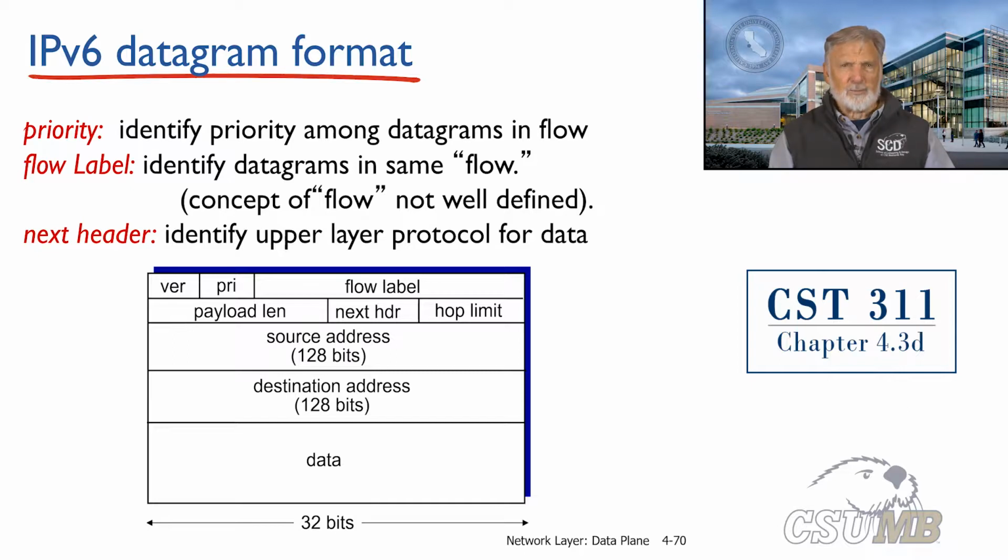There is also no option fields. Instead, the option functionality is implemented by extension headers in the data field. The data field of the IPv6 packet contains the application payload data plus the upper layer headers plus the extension headers just mentioned. Most of the packet length, 32 bytes, is taken up by the increased size of the address fields.